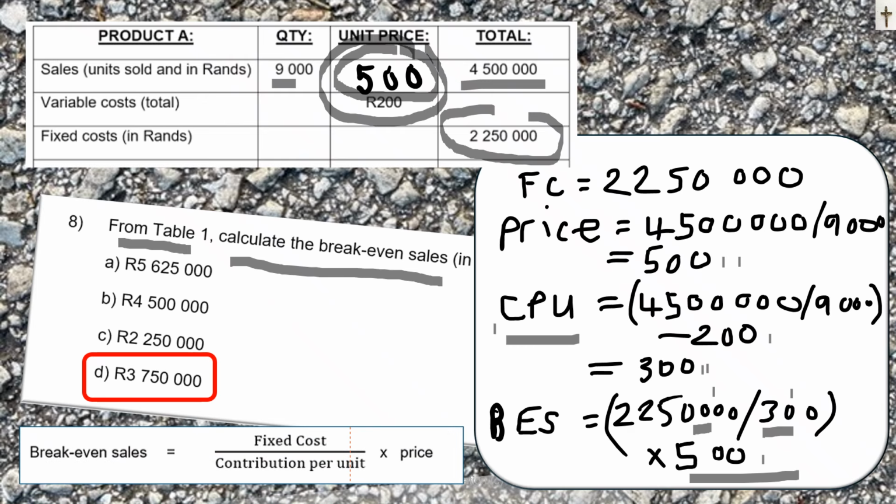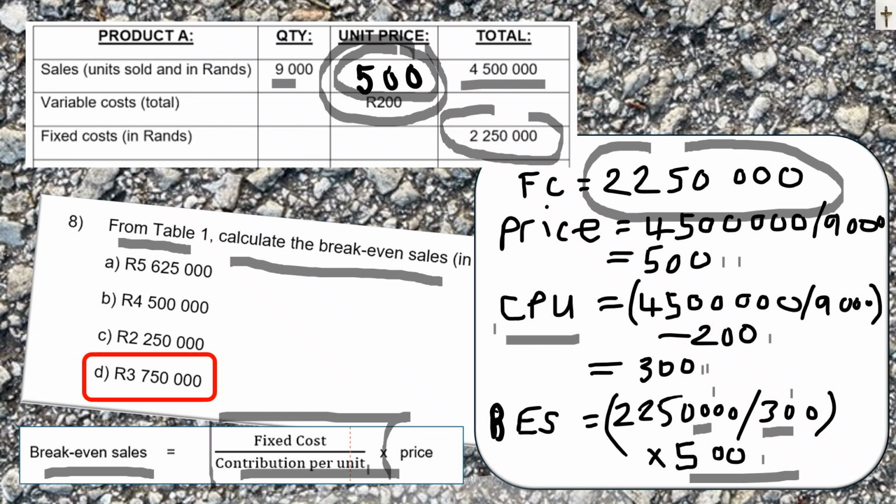And the answer is, there it is, break-even sales is equal to the fixed cost, which is given, divided by the contribution per unit. Remember that there. That gave us the break-even units calculated in the previous example, multiplied by the price, which was 500, the selling price, and that is going to give us the break-even sales value in rands.